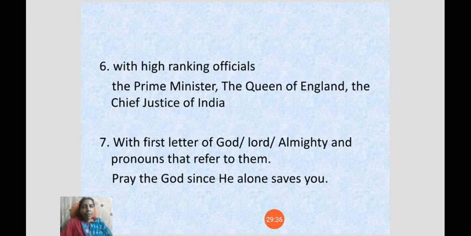So Prime Minister, we are writing P capital and M capital. The Queen of England, so Queen and England, E is capital. The Chief Justice of India, C is capital, J is capital and I is capital.